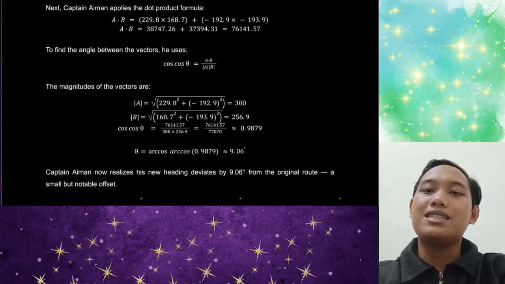Captain Aiman now realizes his new heading deviates by 9.06 degrees from the original route, a small but notable offset.